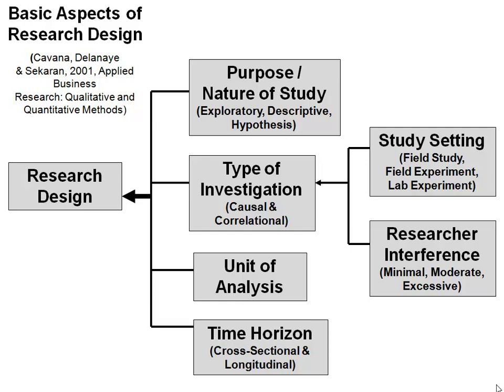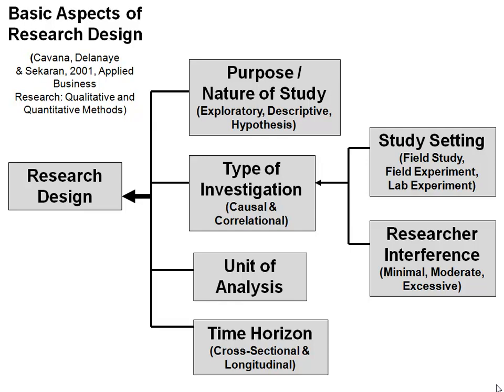Or a research design could be related to the types of investigations, which is more towards causal explanations or correlations types of research, in which for these types of investigations there are different types of study setting.